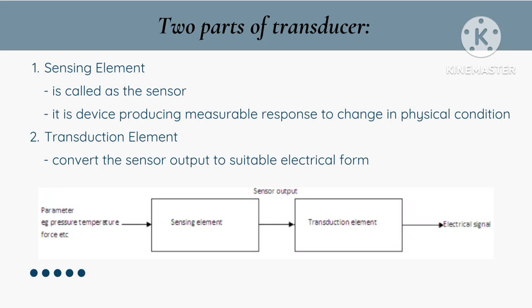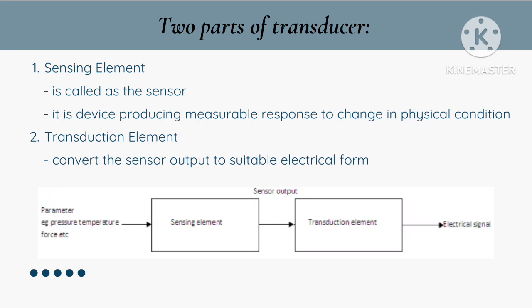For example, in a strain gauge, the mechanical strain causes a change in resistance, which the transduction element converts into a readable electrical signal. Similar to a photodiode, the tiny current it generates is often turned into a proportional voltage to make it more practical for use in electronics.